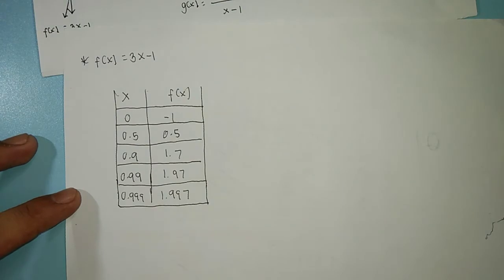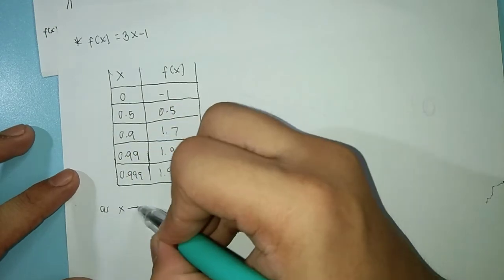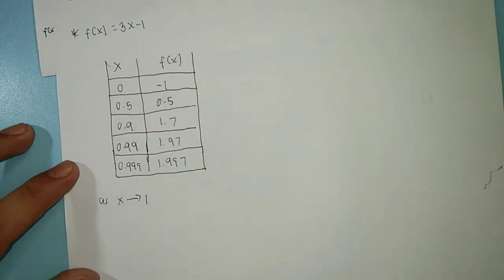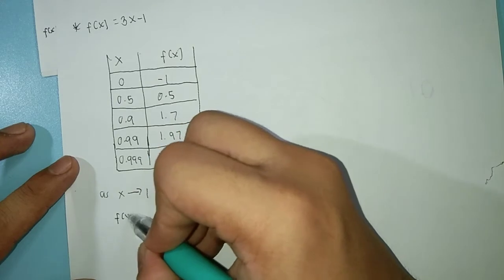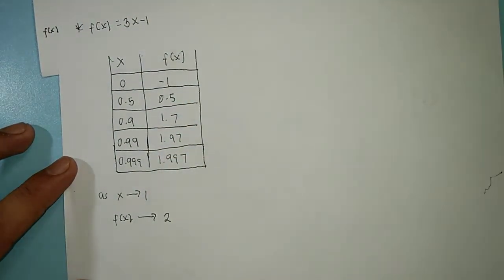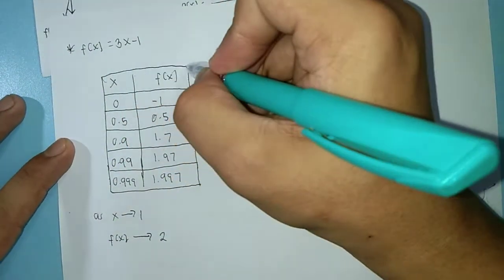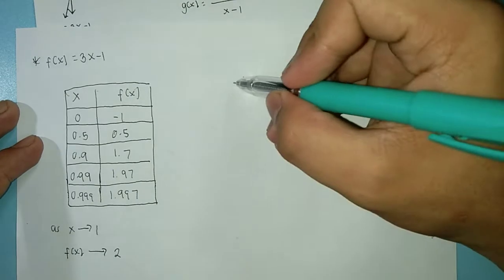Nag-a-approach siya sa 2. Okay? So as x approaches 1, yung f of x natin saan nag-a-approach? Sa 2. So, tignan natin yung right side ng 1. Okay? So, sa right side naman tayo.